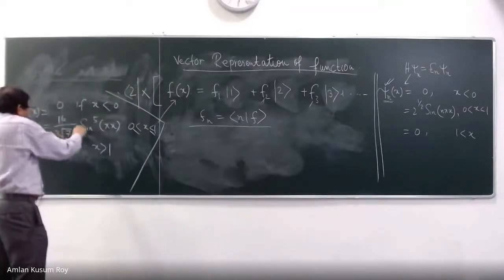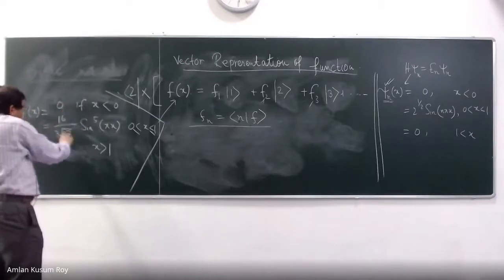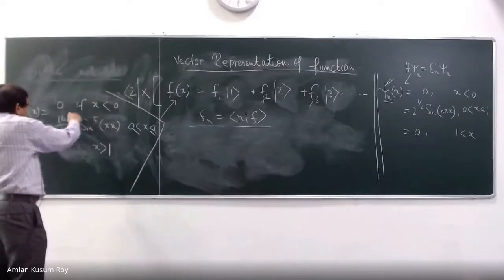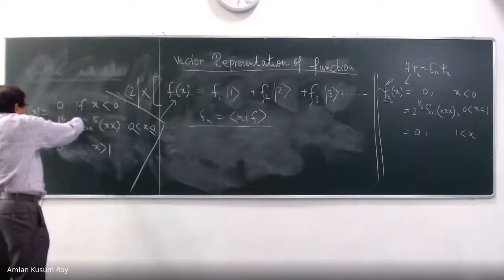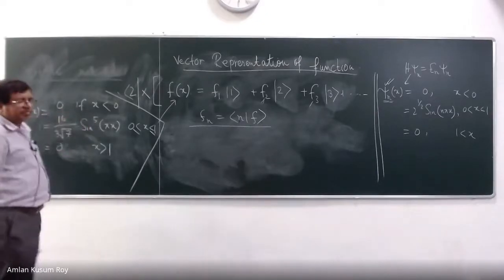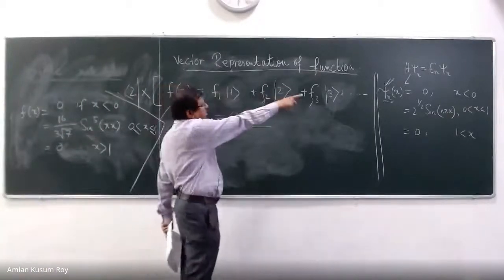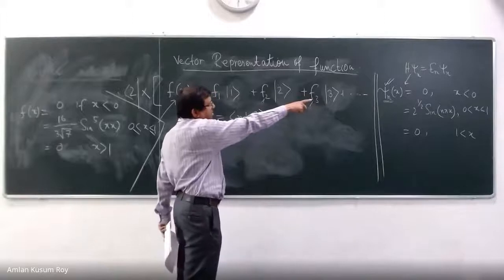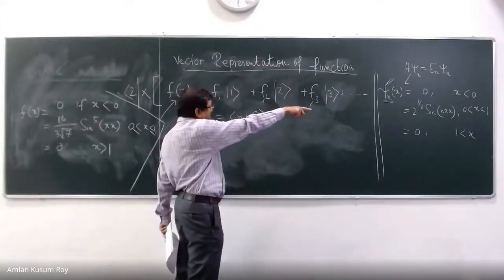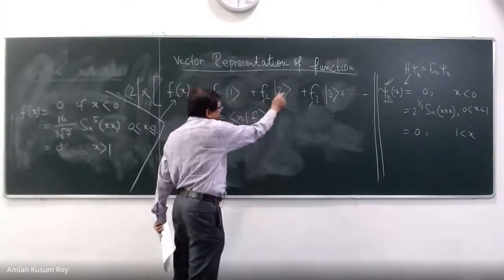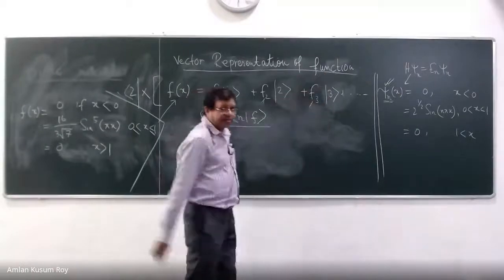Of course, these two ranges are trivial. So within this range, this function should be written as this. So I choose a basis which is given by that set of functions, 1, 2, 3, and so on.